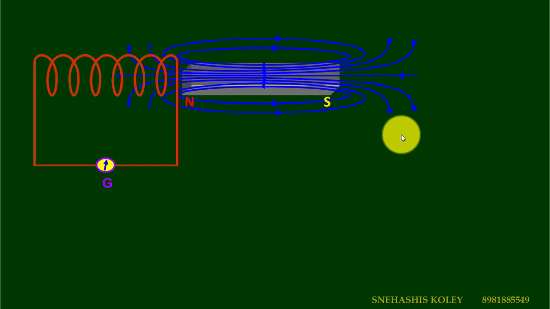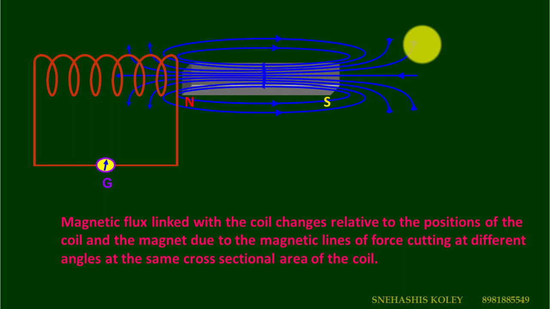Due to the change in the magnetic flux linked with the coil, an EMF is induced in the coil. The induced EMF causes the current to flow in the coil if the circuit is closed. Thus, electromagnetic induction is the phenomenon in which EMF is induced in the coil if there is a change in magnetic flux linked with the coil.